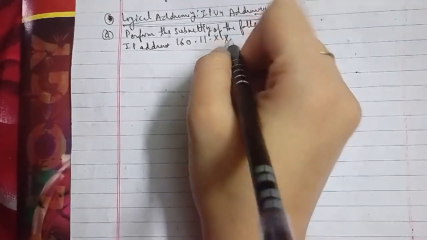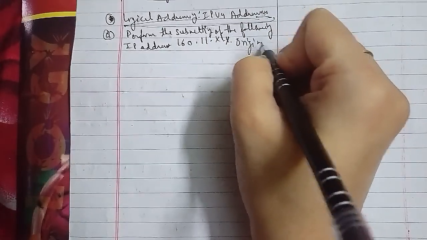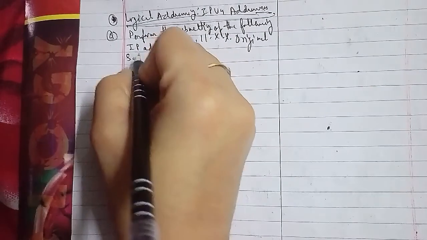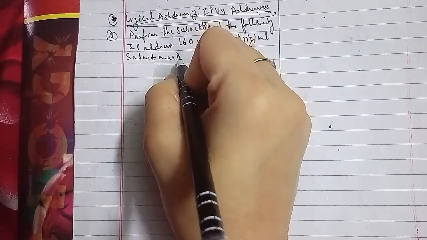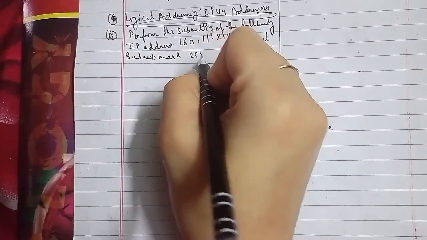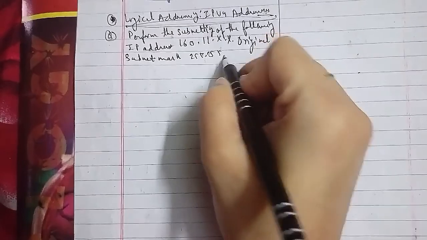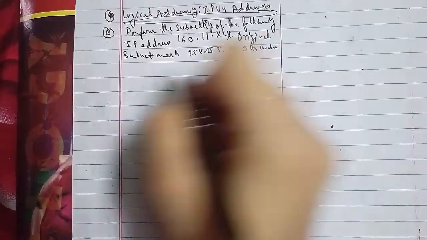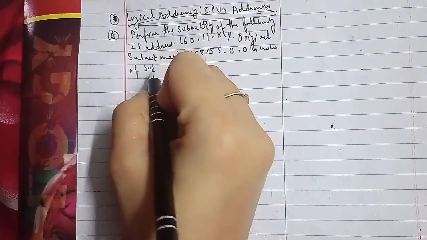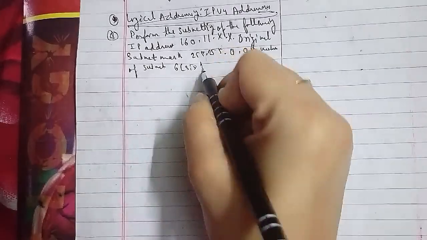The third subnet, 160.11.64.0. The fourth subnet, that is 160.11.96.0. The fifth subnet, 160.11.128.0.